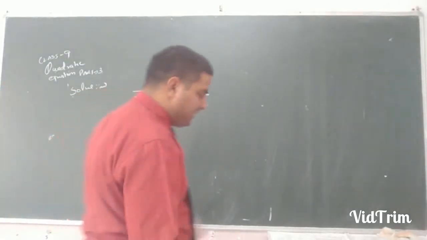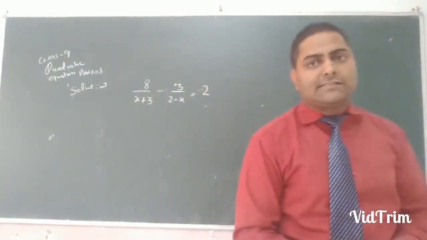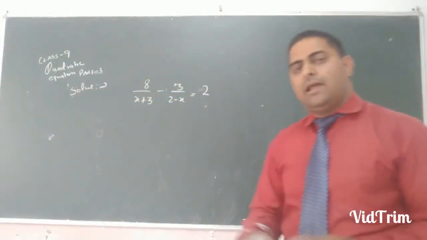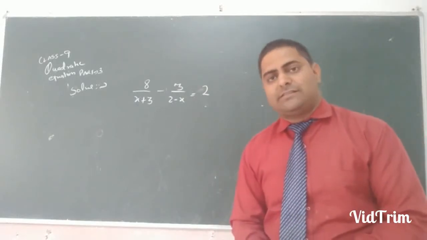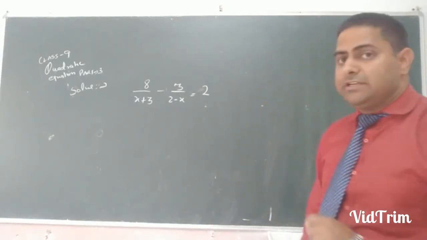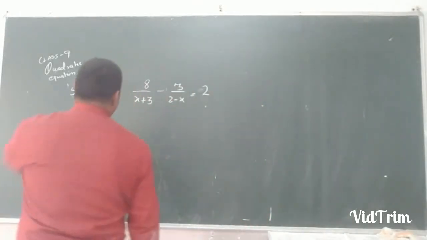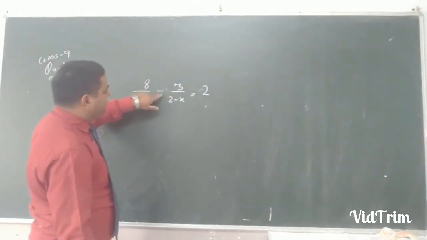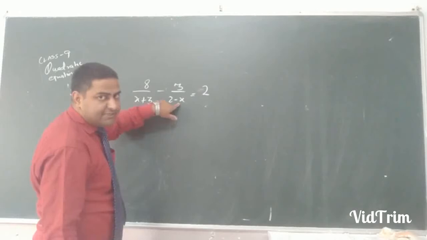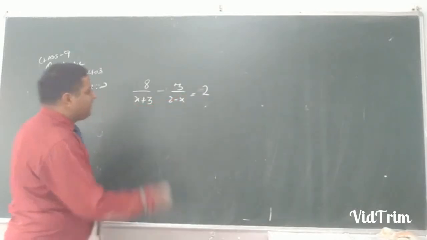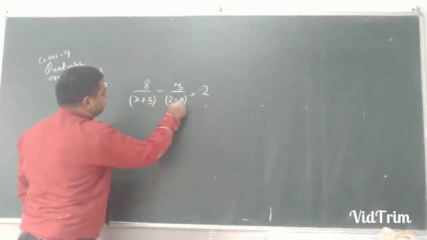Now let us discuss the last question of the video as well as the last question of the chapter. Again solve 8 upon x plus 3 minus 3 upon 2 minus x equals to 2. First of all we take the LCM.